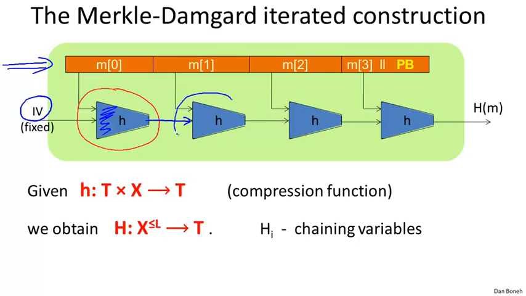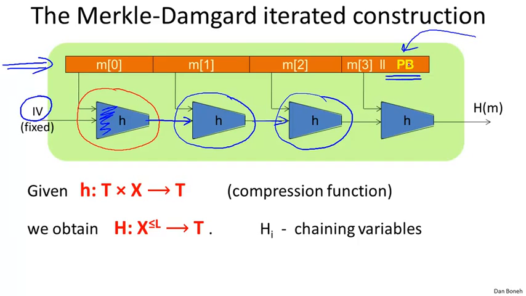next compression function, which compresses the next block along with the previous chaining variable, and out comes the next chaining variable, and the next message block is compressed, and so on and so forth, until we reach the final message block. In the final message block, the one special thing that we do is we must append this padding block, this PB, which stands for padding block, and I'll explain what the padding block is in just a second.